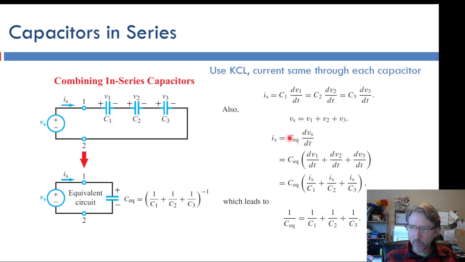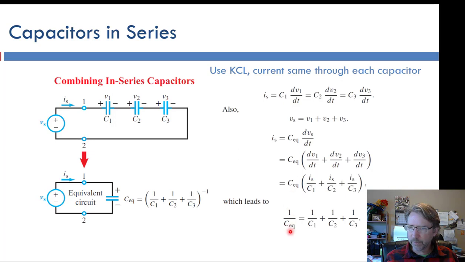So here, with an equivalent capacitor on this circuit, we would have this equation. We can put dV1, dV2, dV3 in for this, which comes from Kirchhoff's voltage law. And then seeing these up here, we can solve for the derivatives as IS over the individual capacitor. And that's what we're getting here.